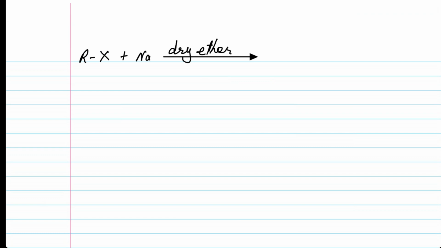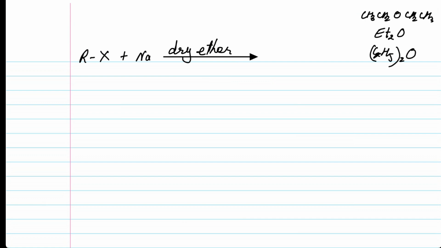Dry ether is ether which does not have water. Dry ether basically means CH3CH2OCH2CH3, diethyl ether, which could be written as Et2O, or as (C2H5)2O.